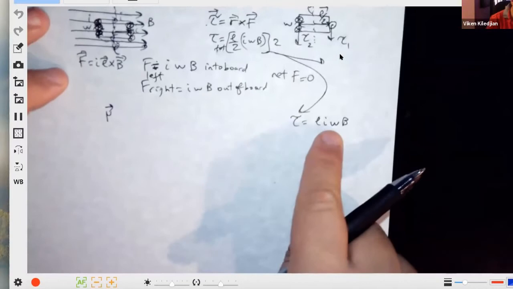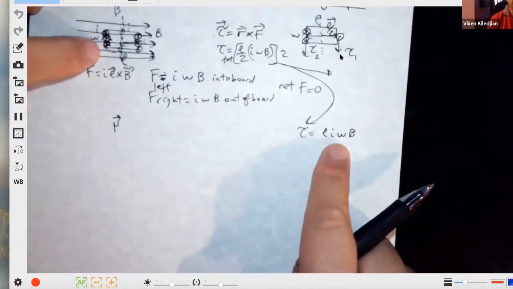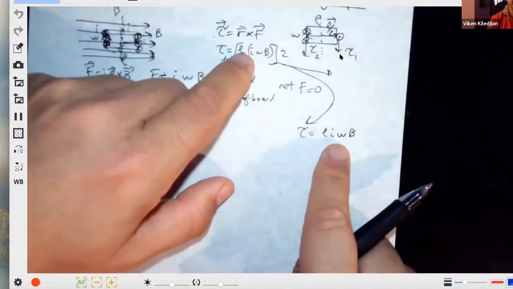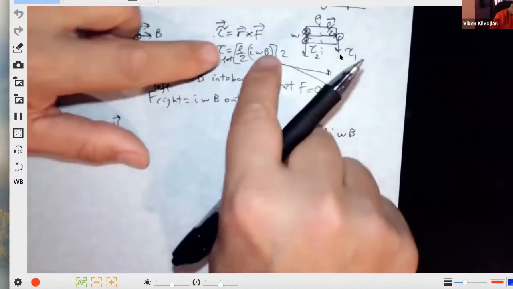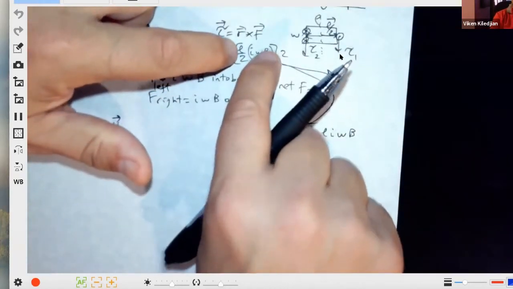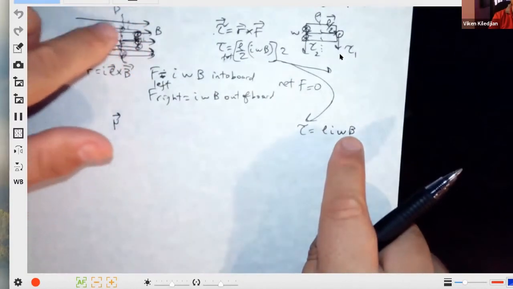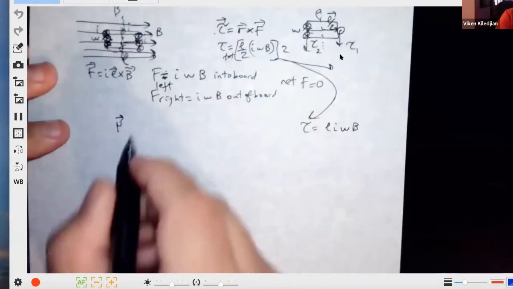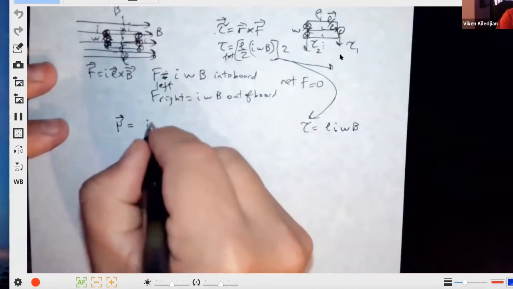W came from the fact that the force on each side is based on the width, and the L came from the fact that the torque is R crossed into F. And so you have LW. But then LW is the surface area of the wire. So I can now define something known as the magnetic moment, which is I times the area.